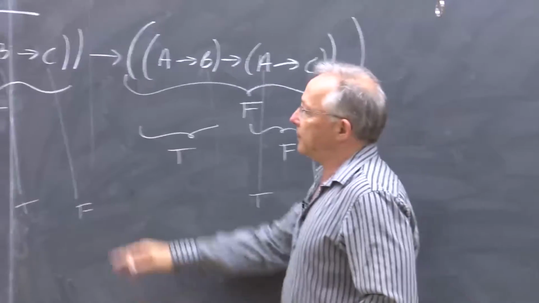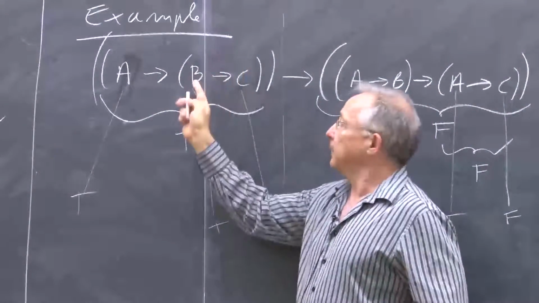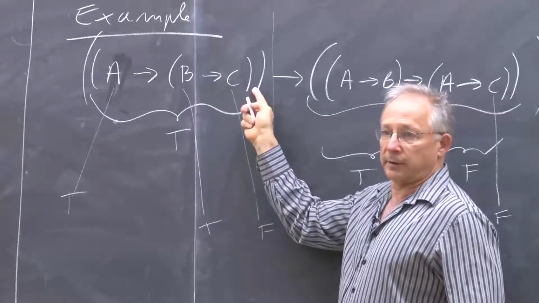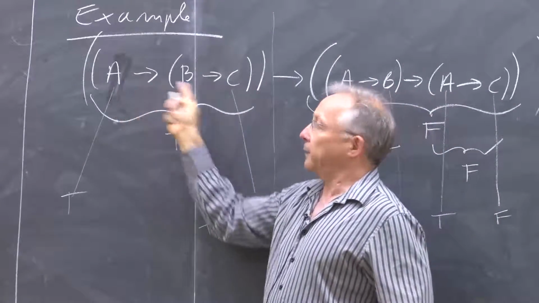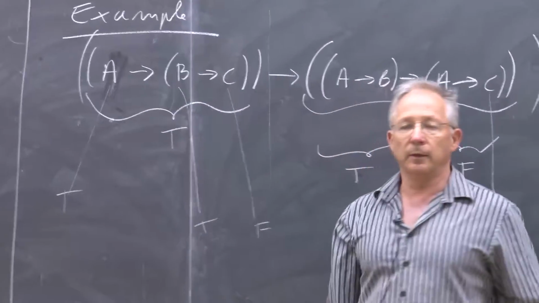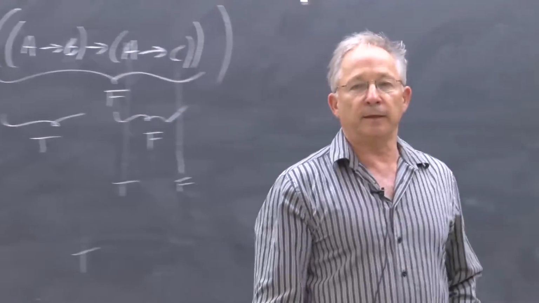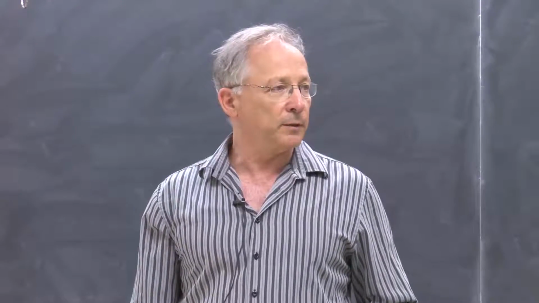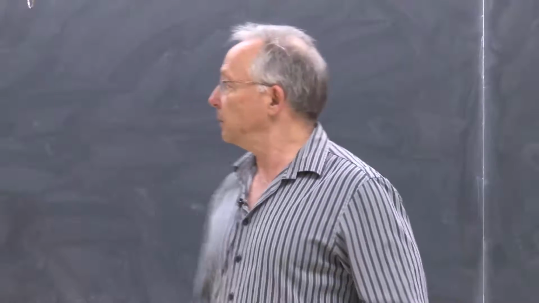But in that case, this formula, B true arrows false is false, and true arrows false is false, so this cannot be true. So we ruled out the possibility that this formula will be false, so we know it's a tautology. We know it's always true.